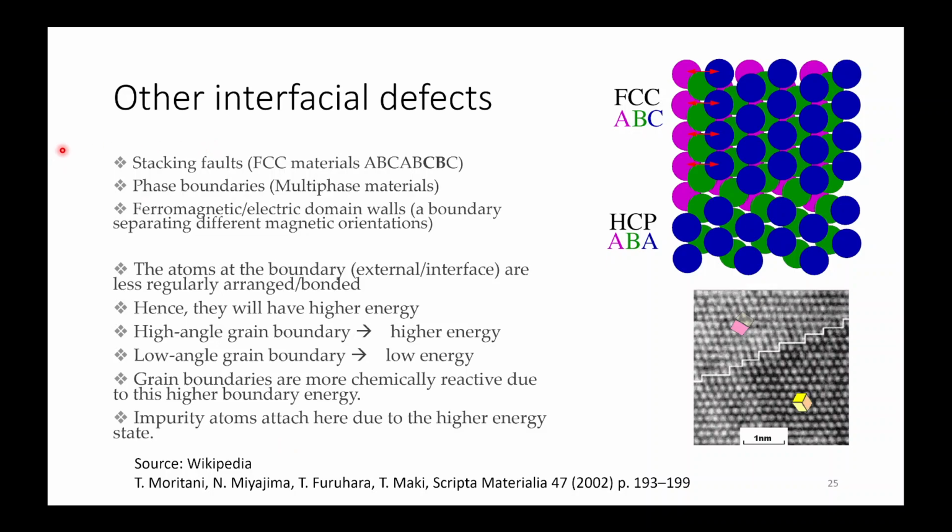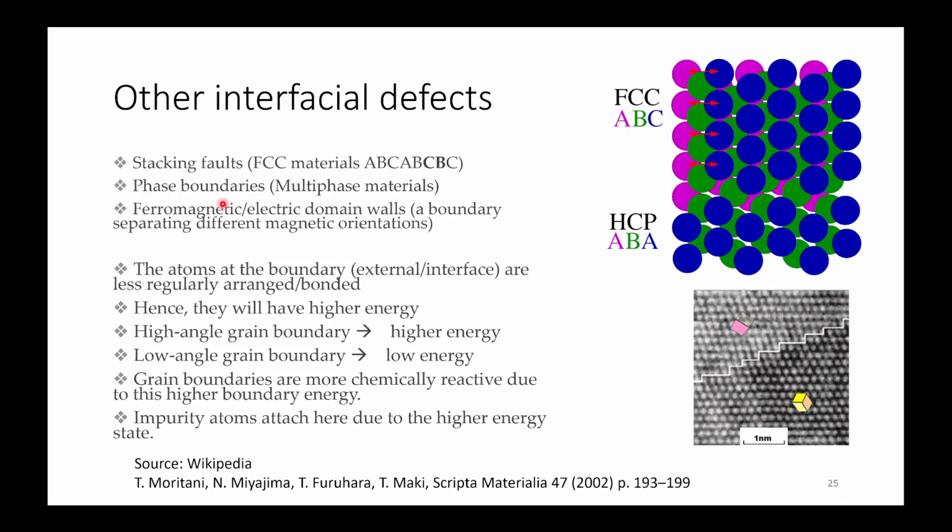Other interfacial defects. First is stacking faults. In the case of FCC and HCP, these have different types of stacking sequence. If one plane is either missing or one extra plane is there, then there will be formation of stacking faults.